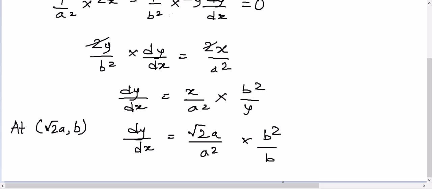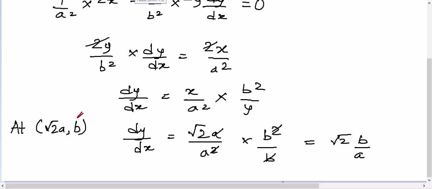So what will be the value of dy by dx, guys? We can cancel a from here, so it will be under root 2 b by a.